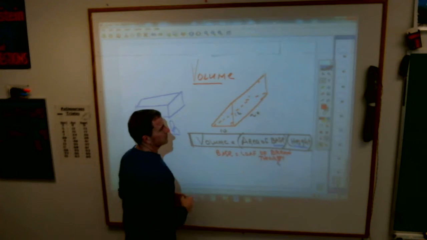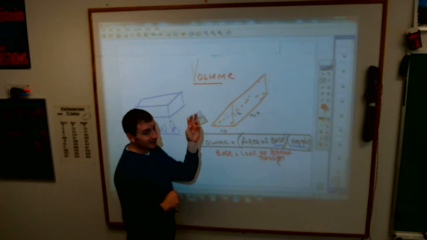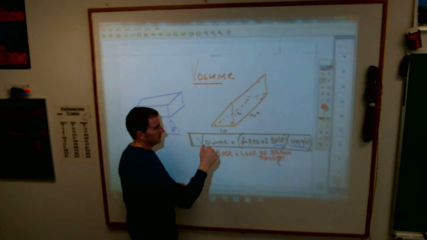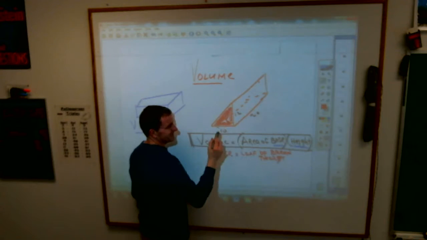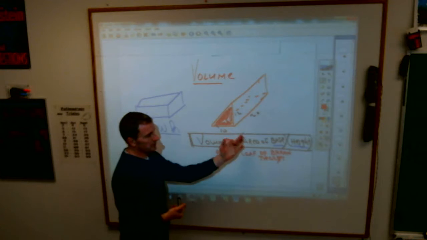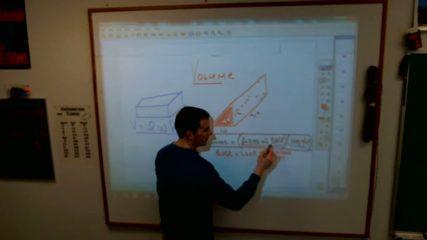So if you're looking at this shape, what shape is the base? Riley? Triangle. Yes. This is the base of the shape, even though it's not sitting on that. So if I'm using this formula, I need to find the area of the triangle.